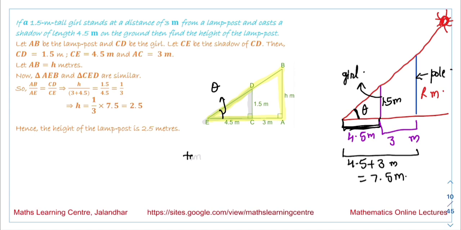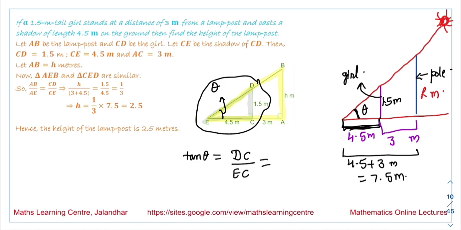So if we write tan theta, from the triangle ECD the value is DC over EC. And if we consider the larger triangle, the value we get is AB over AE.